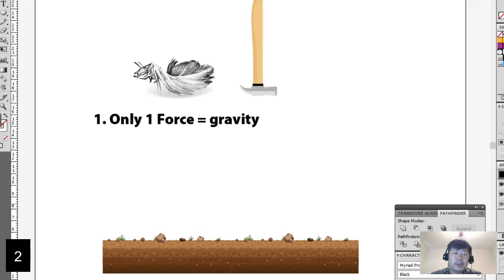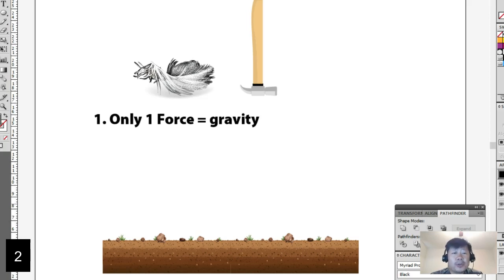The first point, there's only one force on these two objects because I stated that there is no air resistance. So it is gravity. Gravity accelerates everything at 10 meters per second squared. That means that for every second, the object would increase their speed by 10 meters per second.